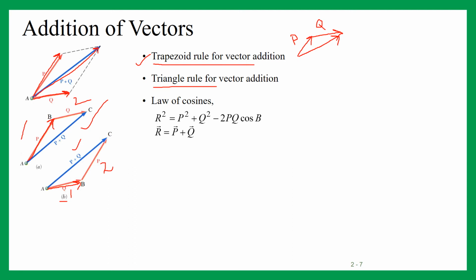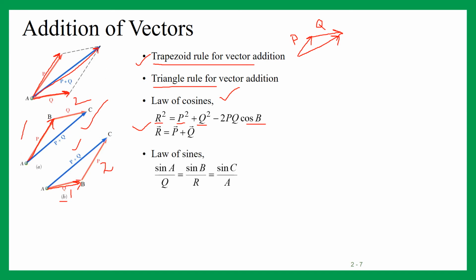You can also calculate by the law of cosines. If this is P and Q, then you can calculate R: the magnitude is the square root of P squared plus Q squared minus 2PQ cos B, where B is the angle between the vectors.